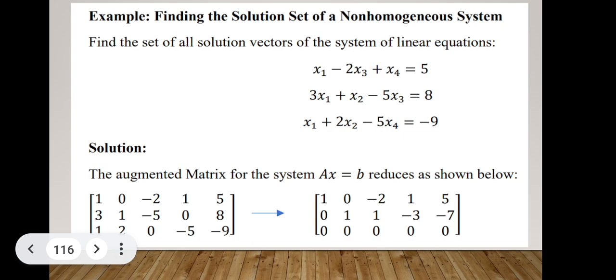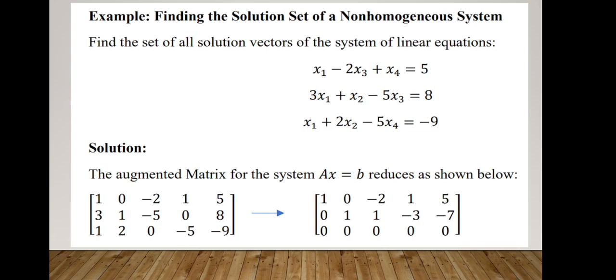So, solution. The augmented matrix for the system Ax = b reduces as shown below. For the first row, we have 1, 0, -2, 1, and 5. Second row, 3, 1, -5, 0, and 8. For the third row, 1, 2, 0, -5, and -9.